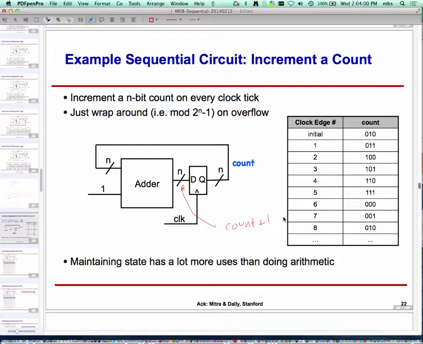Every time a clock tick comes, the flip-flop stores the new value, which is count plus 1. So at every clock edge, the output of the flip-flop is going to increment. If we start out with 0, after the first clock tick it will become 1, 2, 3, all the way up to 2 to the power n minus 1, and then it will roll back to 0, and that process will keep repeating.